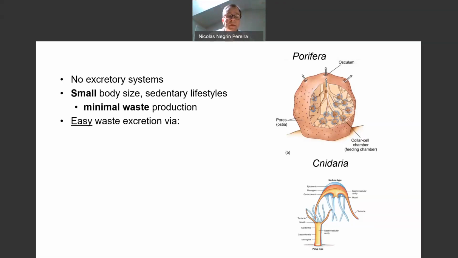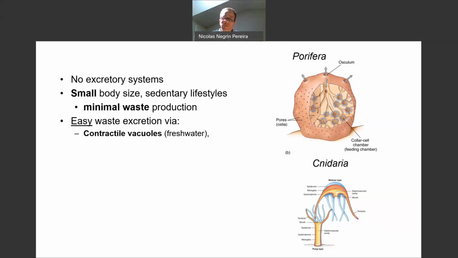So Porifera and Cnidaria easily excrete waste, first via contractile vacuoles in the case of freshwater organisms. But these contractile vacuoles, more than an excretion role, actually fulfill an osmotic pressure equilibrium role. Because they live in a freshwater environment, the water surrounding the organism has less solute than the animal itself.